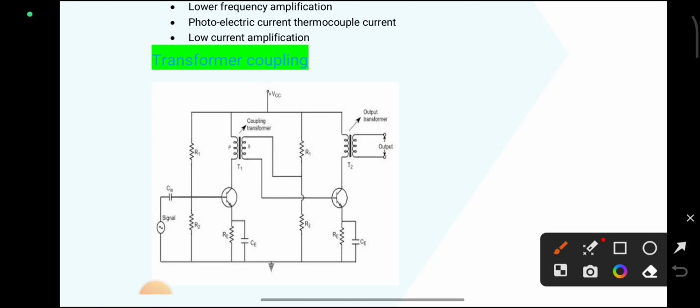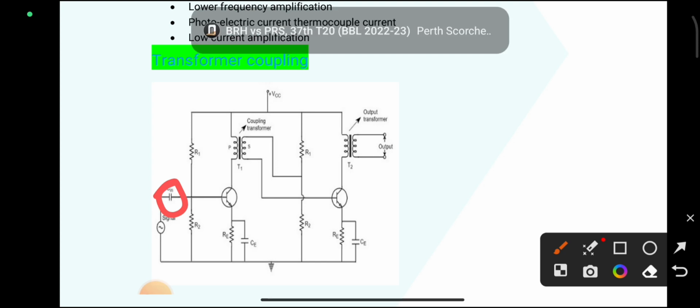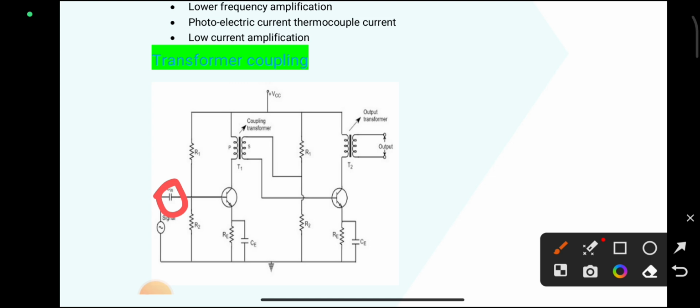Next, here we use Cin for coupling the signal, meaning the input, to the first stage transistor T. I already said that Cin or CC, the coupling capacitors, block the DC and allow the AC signal.